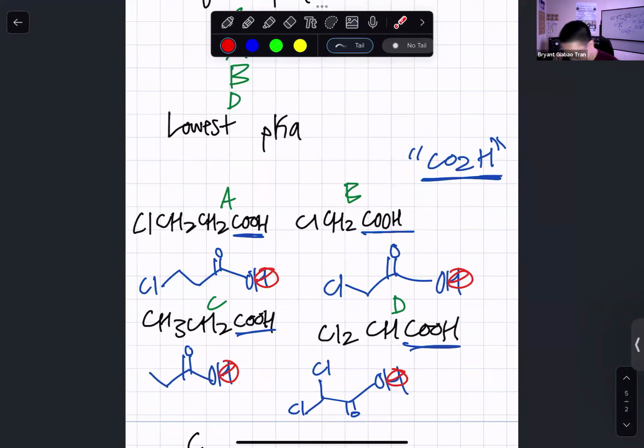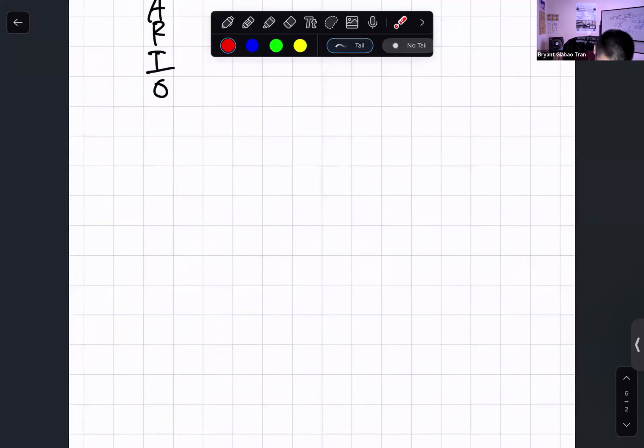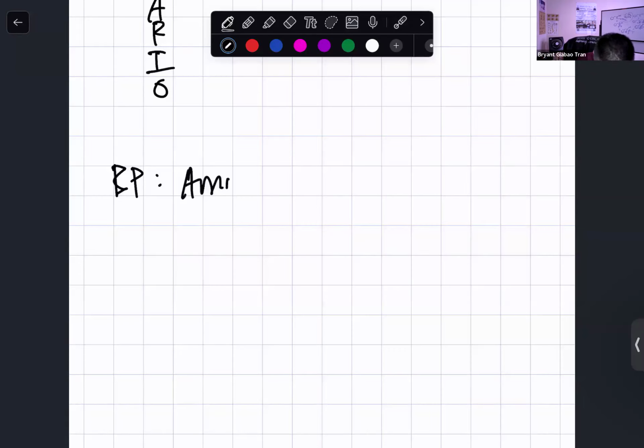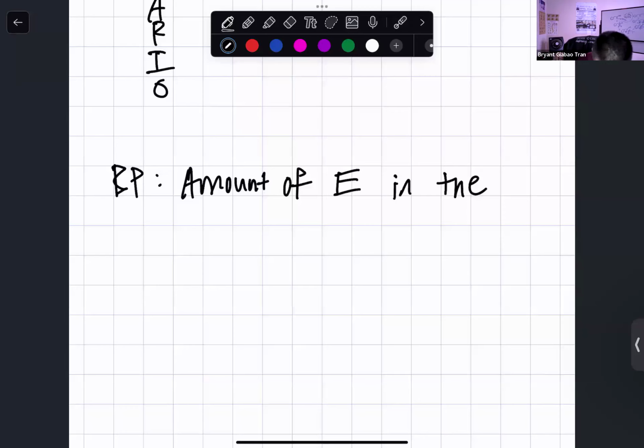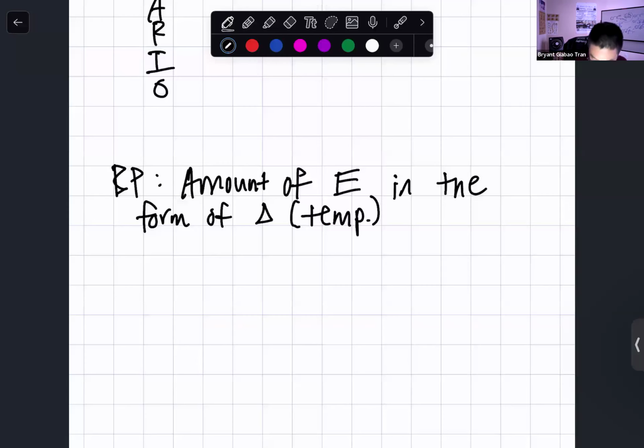So let me see the other problem that you sent me. Boiling point. Okay, so this is talking about boiling point, which is basically the amount of energy in the form of heat or temperature, like if you increase the temperature, you increase the heat or energy, right?